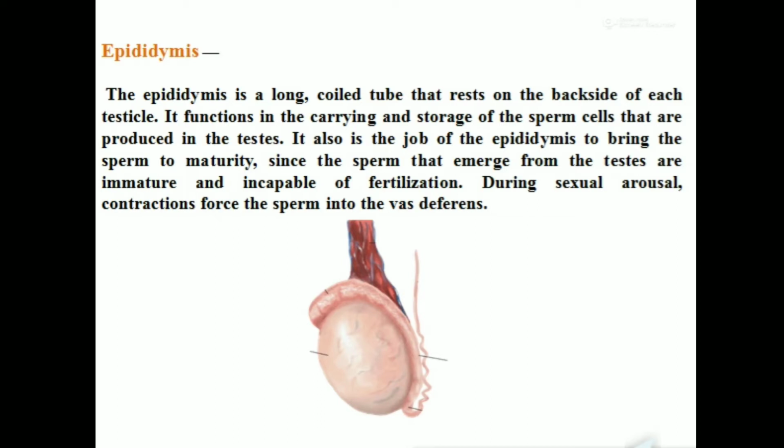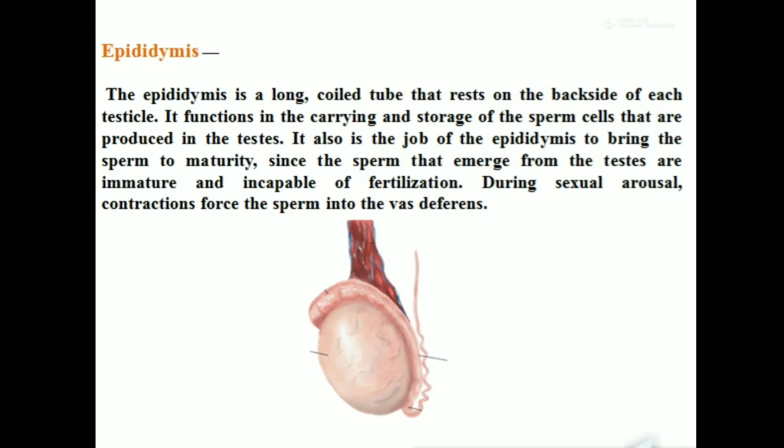As we know, the testis is an oval shaped structure, and from there we have seen that some fine duct is arising, through which the sperm get conducted to the next structure. But what is the next structure?